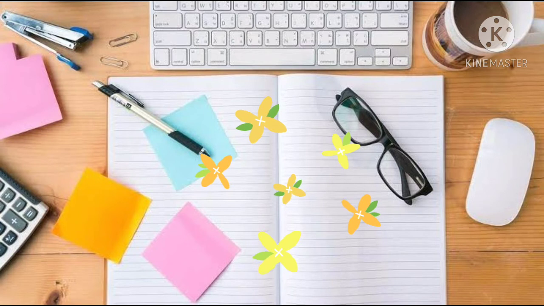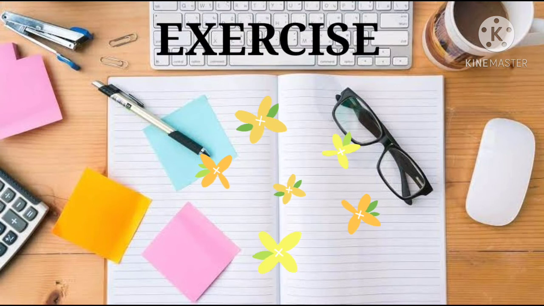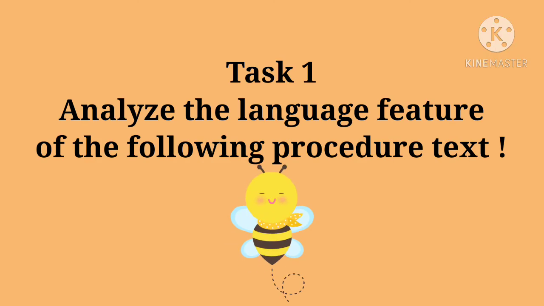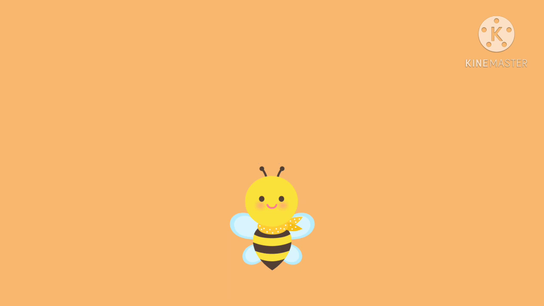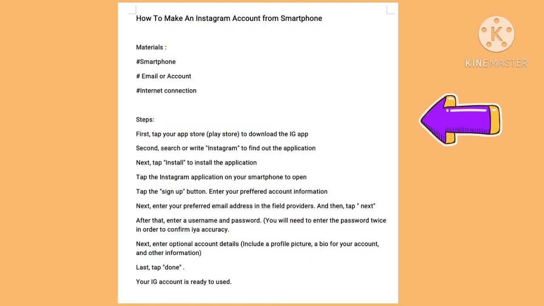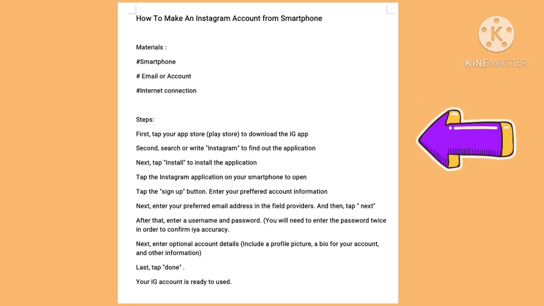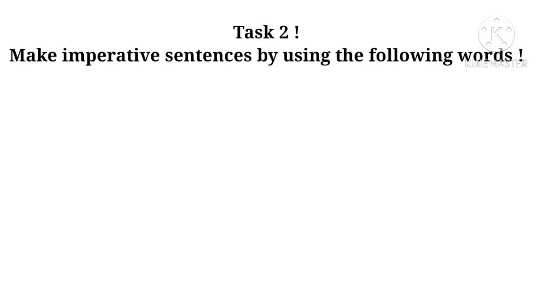Okay, my students, after paying attention to a lot of explanation about the language features of procedure text, now we are going to do the exercise. Task 1. Please analyze the language features of the following present tense. Task 2.